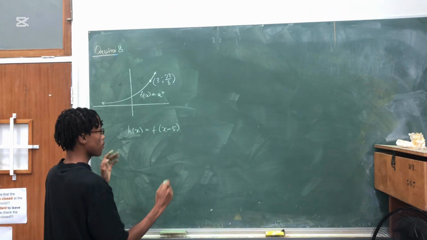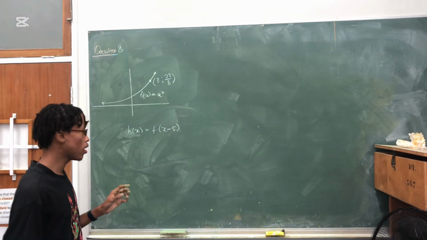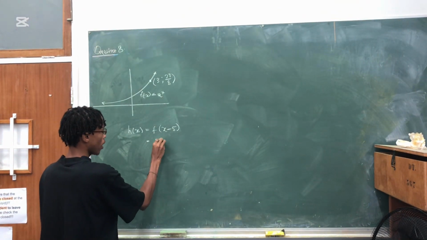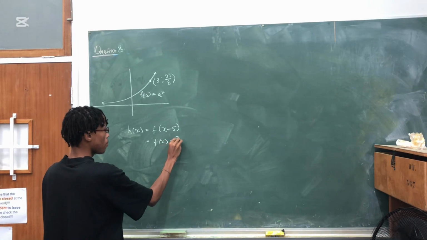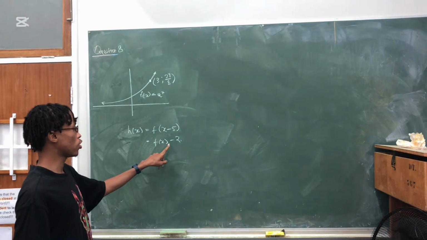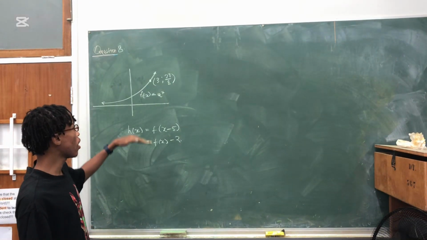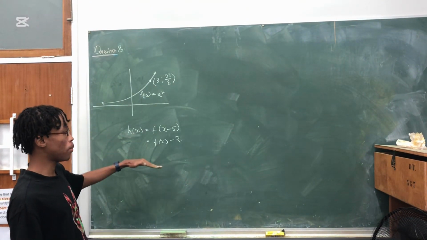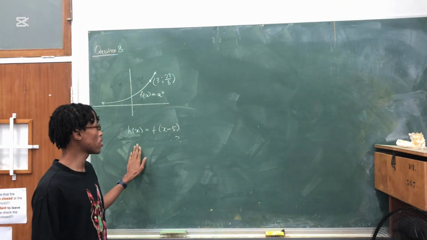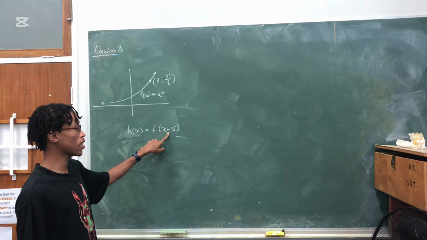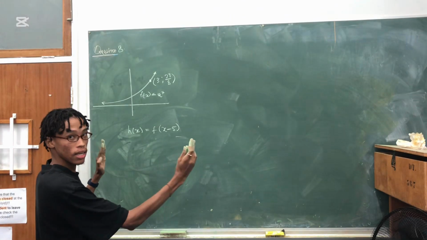If we had made a transformation outside of the bracket, say f of x minus 2, then that would mean we're moving our function vertically up or down. But now, since it's within the bracket, we're moving sideways.